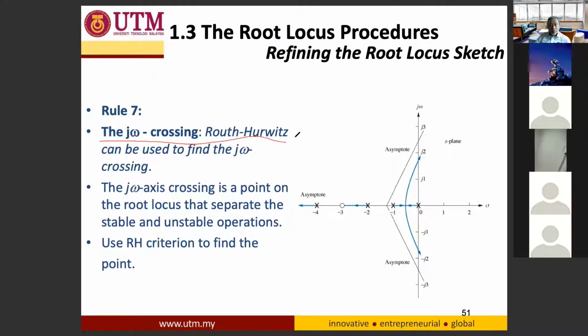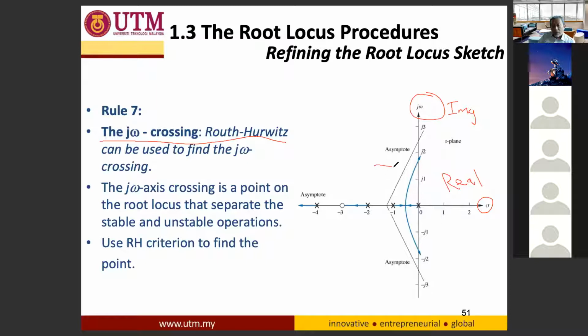This is imaginary, this is imaginary, and this is the real axis. Routh's table can be used to find the crossing of the root locus.